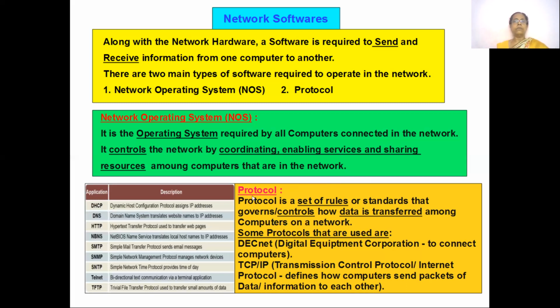And after that, you learned about the connectors, that is to connect from one computer to another. Then the network software, which is the network operating system, with which you can coordinate, and it enables services and sharing of resources. The protocols are the set of rules that allow you to work on the internet.